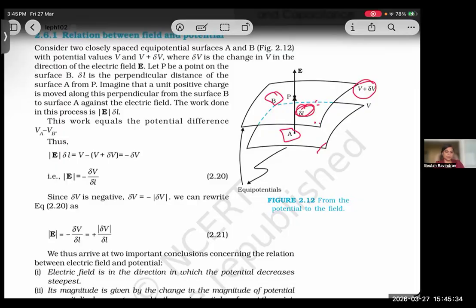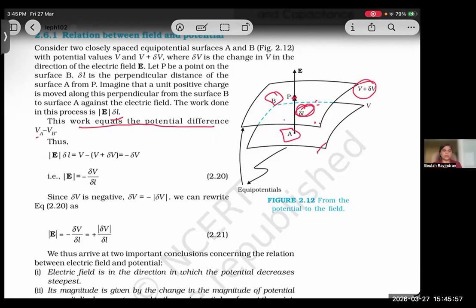You are seeing the potential at the point P. There is a distance between both surfaces, that distance will be delta L, and there is a potential difference. The work equals the potential difference.